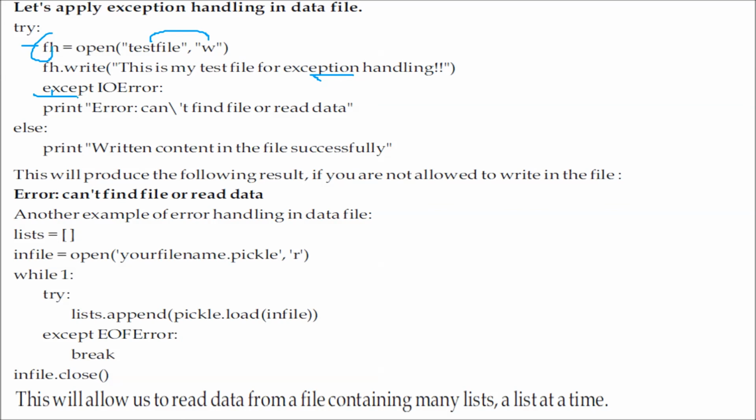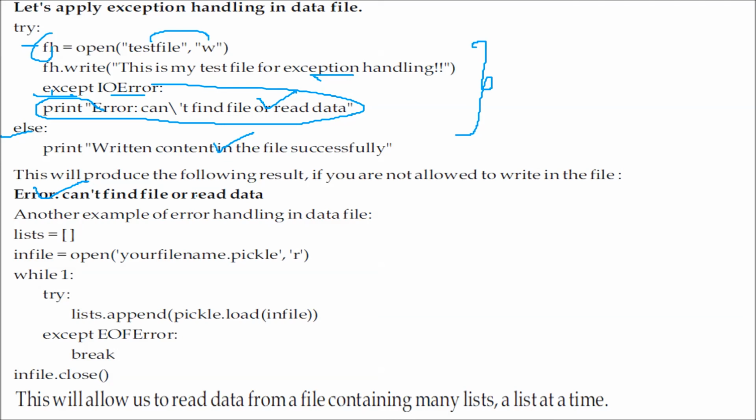You make an except IOError. Then you print error, can't find file or read data. Otherwise, return the content in the file successfully. So this is going to provide the result if you are not allowed to write in the file: this error, can't find file or read data.